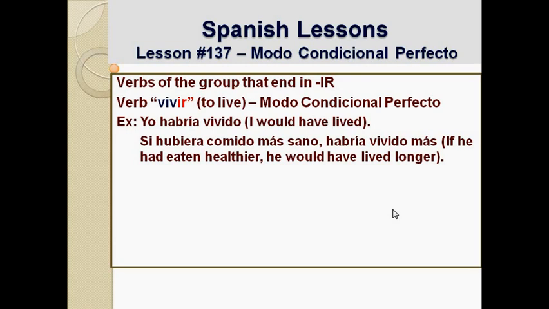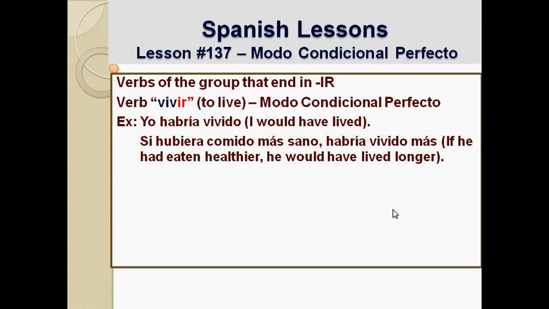So, although hubiera can actually imply that the subject is I, or that the subject is he or she, or even usted, because remember that the formal you, usted, conjugates as he or as she, right? Nevertheless, although there can be this kind of doubt, because there can be more than one chance of a subject pronoun that is implied here, this is grammatically correct, okay?